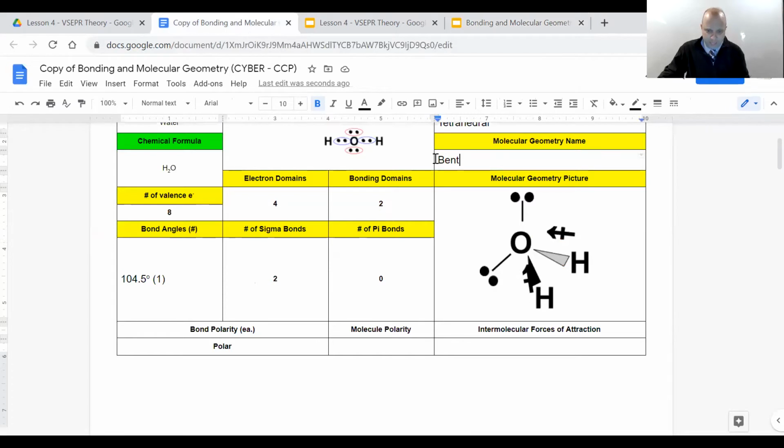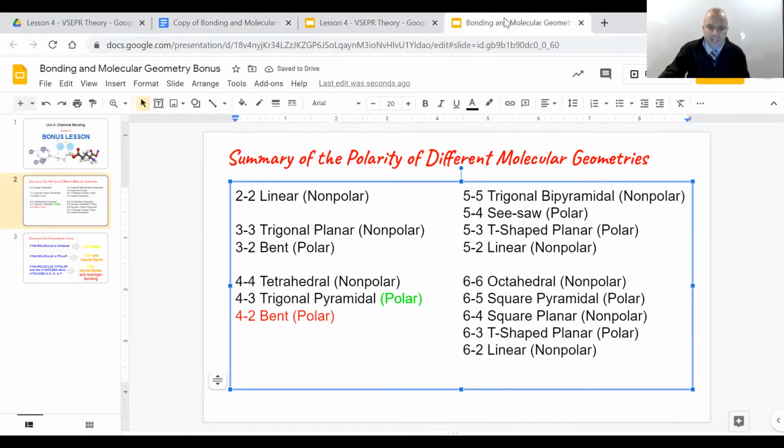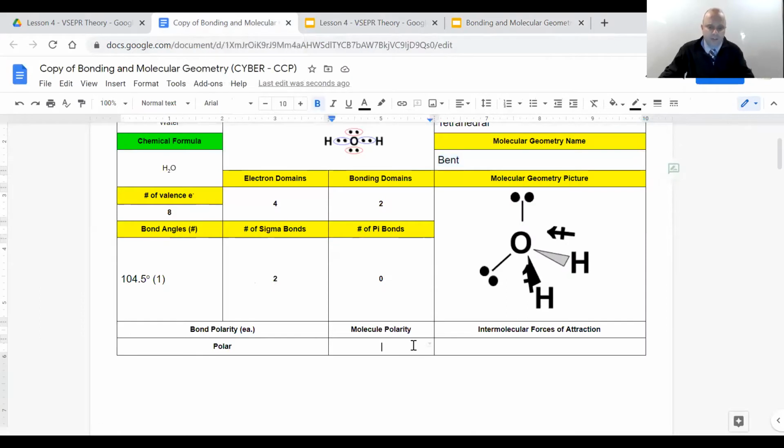We called it bent right up here. And we are going to say that that 4-2 is polar because of this designation right here, polar. Notice that I wrote what it should be for all of the possible combinations. So in this case, we have a 4-2, which we're going to call polar. So I'm going to go back to here. We're going to write in polar.